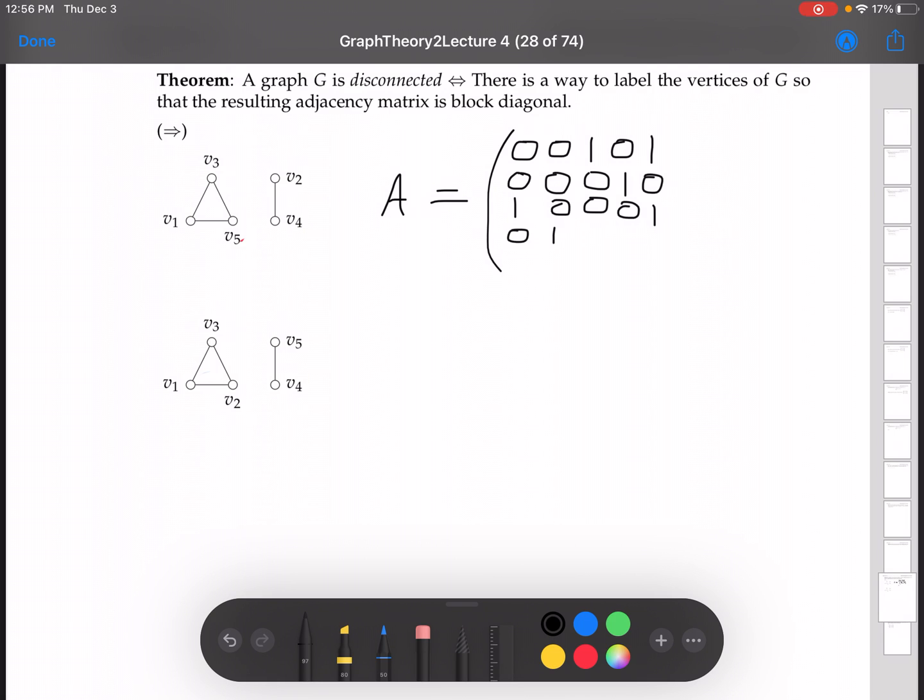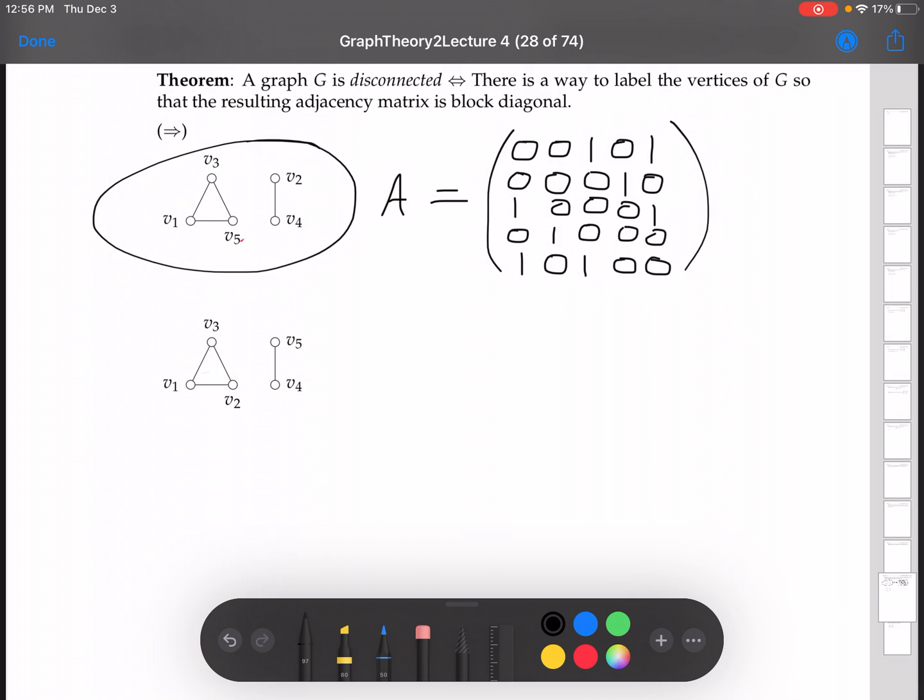And 5 goes to 1 and 3. So there's our adjacency matrix for this graph with this labeling.